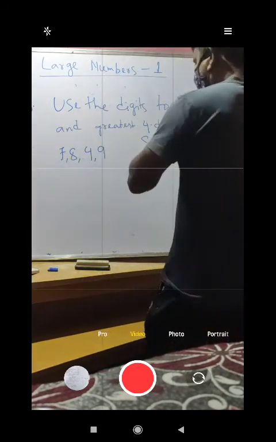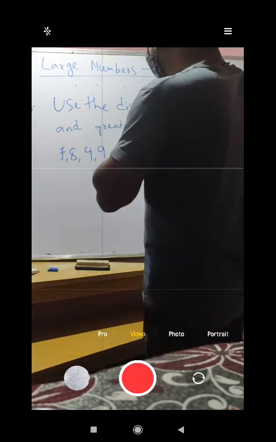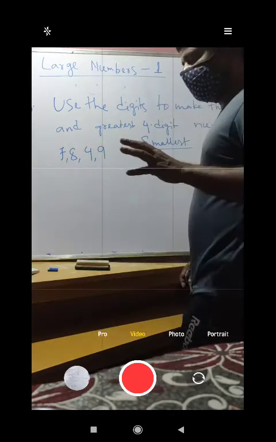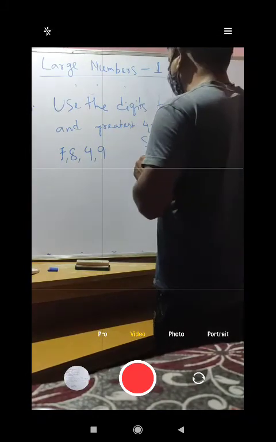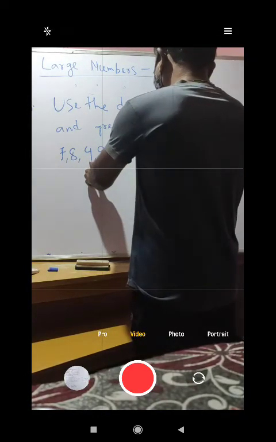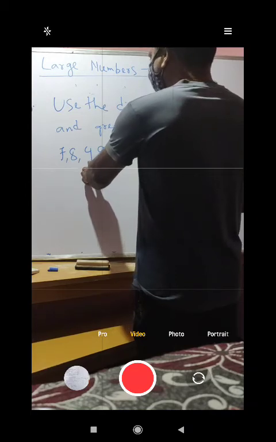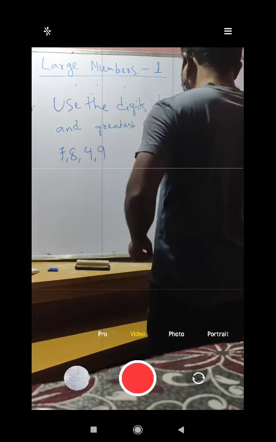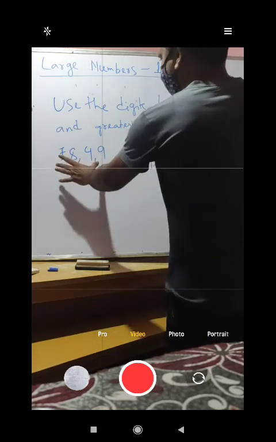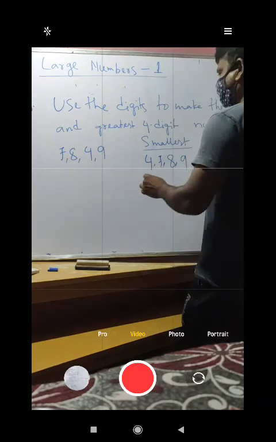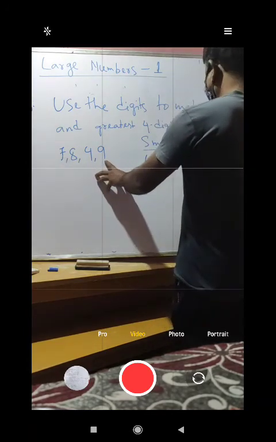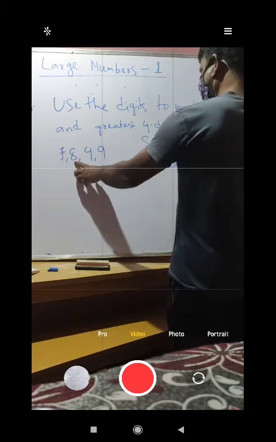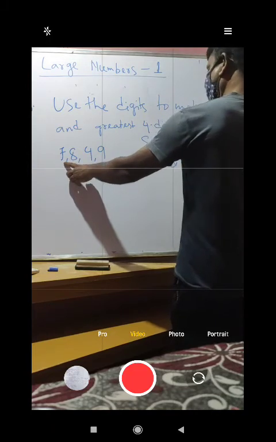Keep it in mind, when we write the smallest number, you'll have to form the smallest number among these. So which one will come first? First we will write 4. After that 7, after that 8, after that 9. So this is the smallest number. And the greatest number will be from 9, after that 8, after that 7, after that 4.